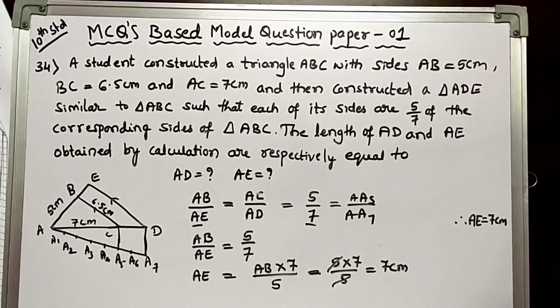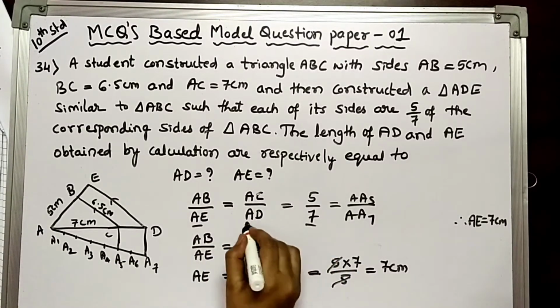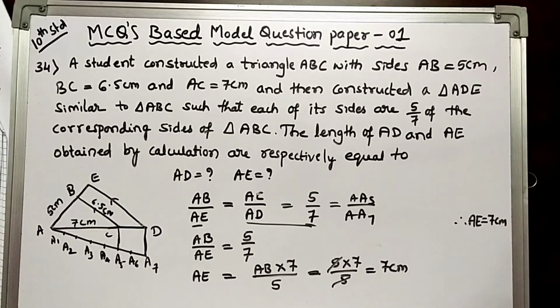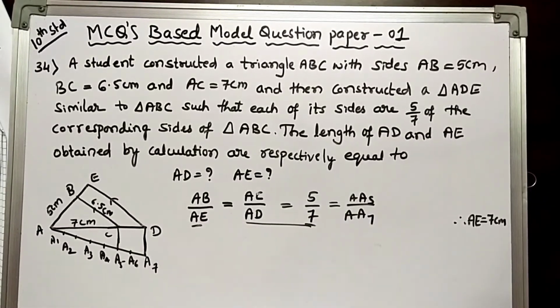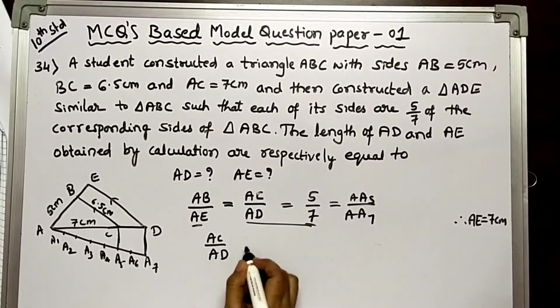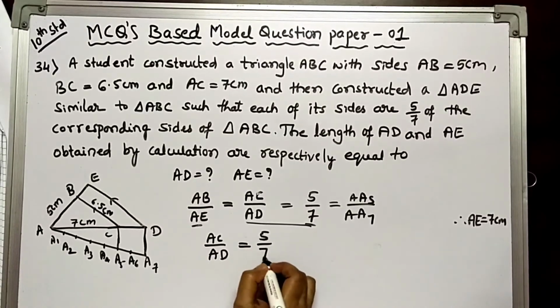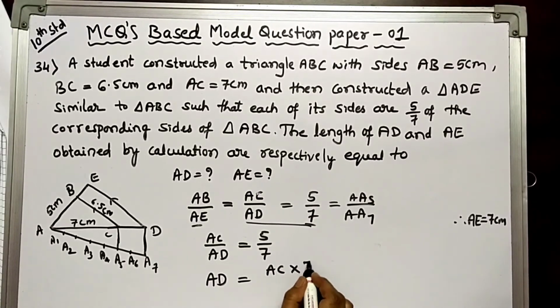For the next, AD, I am taking these two ratios. So AC by AD is equal to 5 by 7. Again for AD, doing cross multiplication, we get AC into 7 divided by 5.